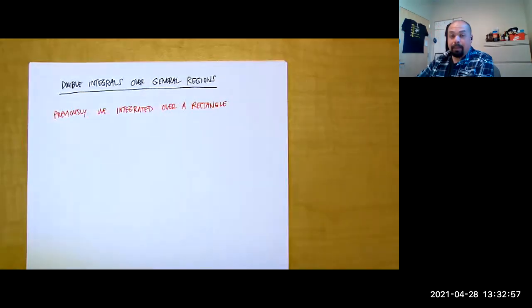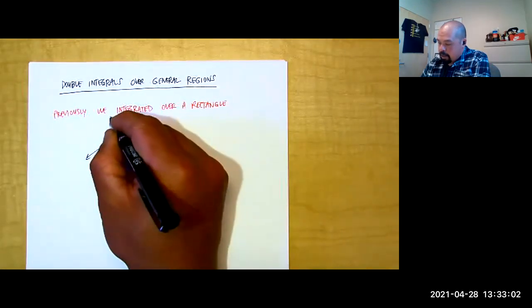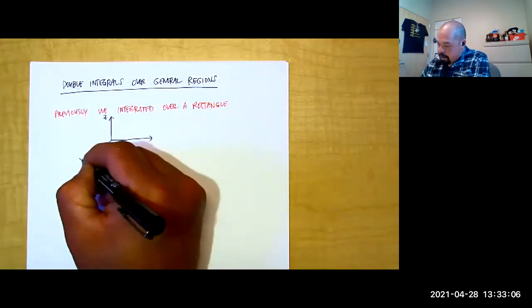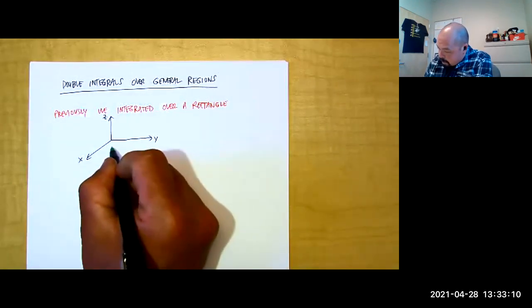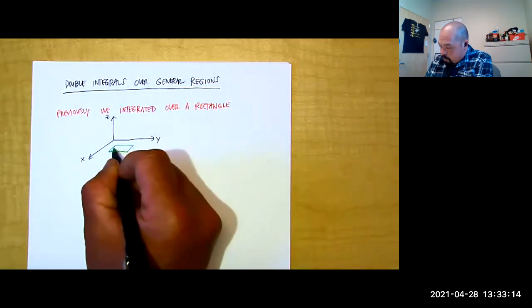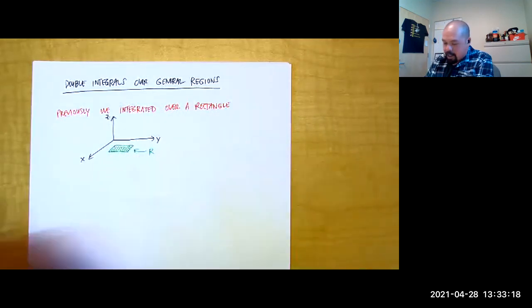We started in the xy plane, but it could have been in any of those coordinate planes, depending on how our functions are defined. But that idea that we had some set rectangular region, we can call it R this time.